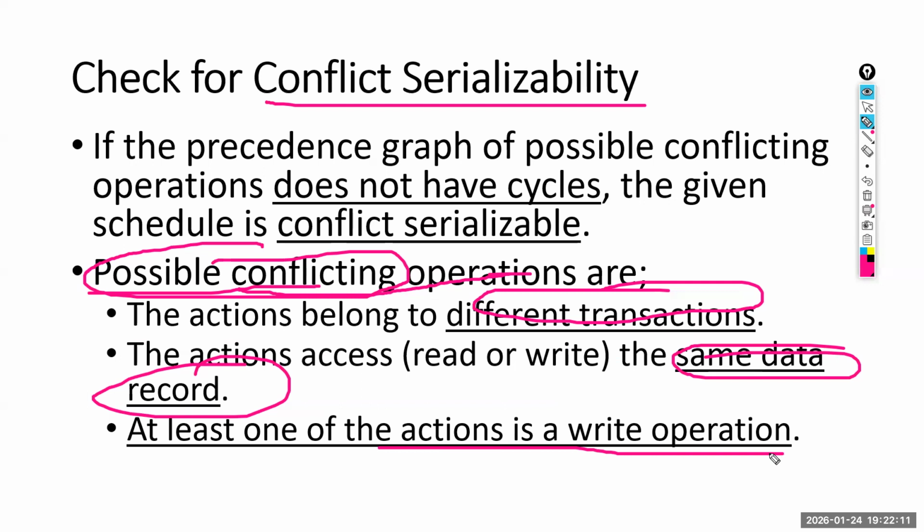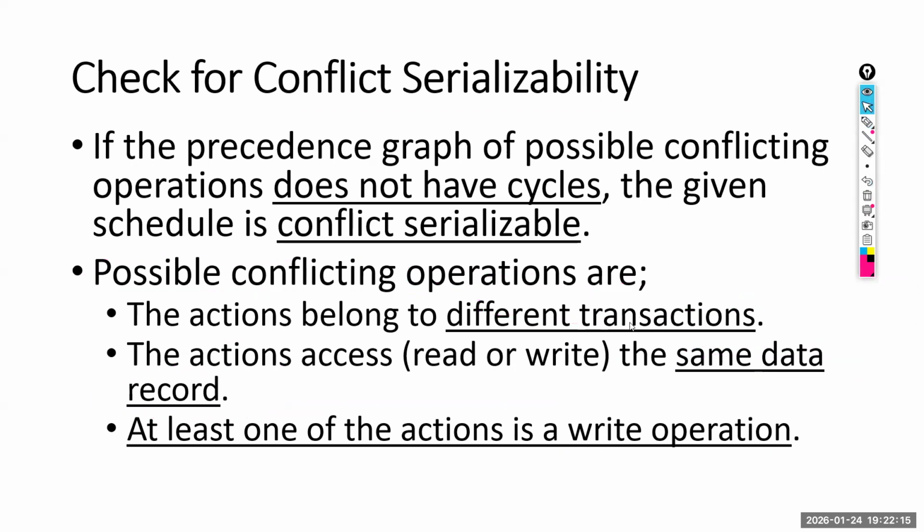Read, read is not conflicting. Then we prepare a precedence graph of dependencies and check whether there are cycles. If there are no cycles, it is conflict serializable to one of the serial schedules, and we can check which serial schedule this is equivalent to.